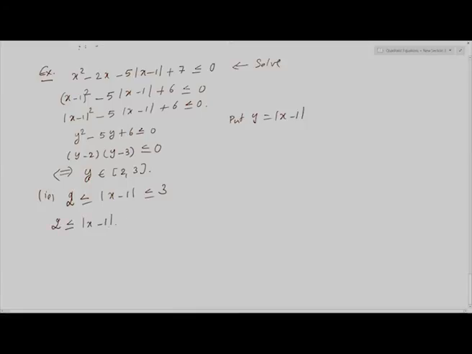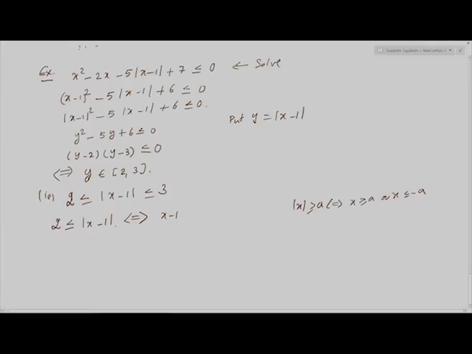We have already seen that mod x greater than or equal to a implies x greater than or equal to a, or x less than or equal to minus a. The same thing I am applying here.